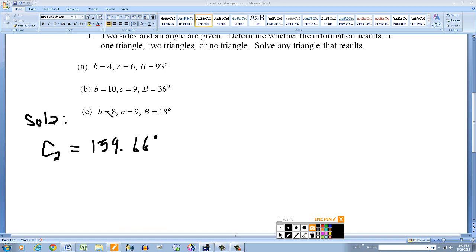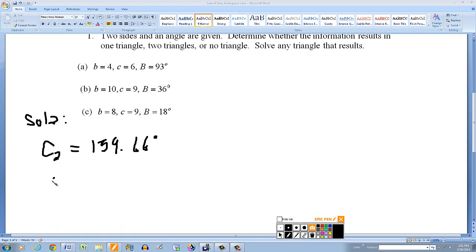This information here is still the same. This is still given: B equals 8, C equals 9, and angle B is equal to 18 degrees. Now, because the value of angle C changes, the angle of A is also going to change. So let me erase this.